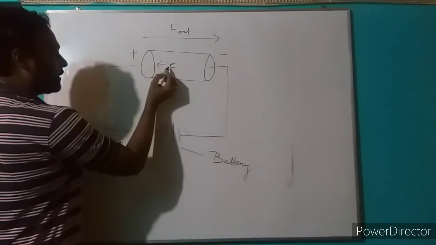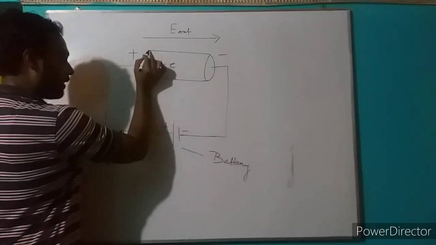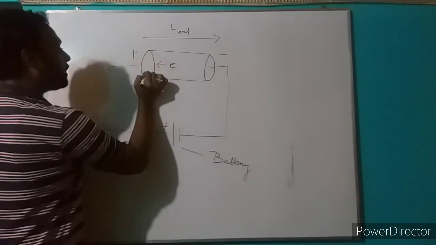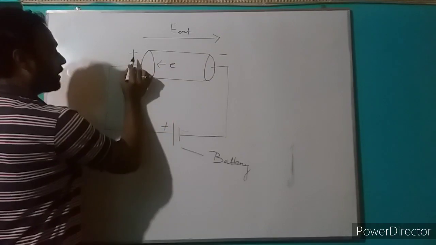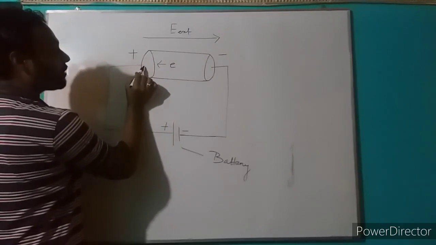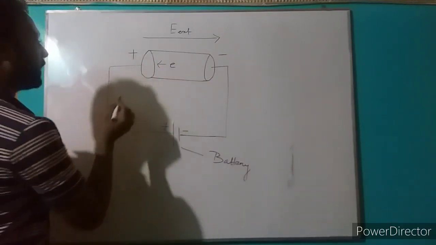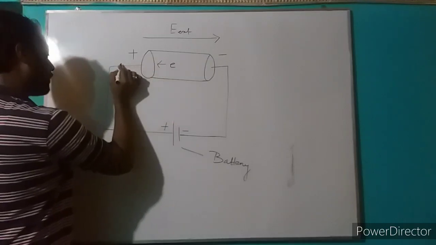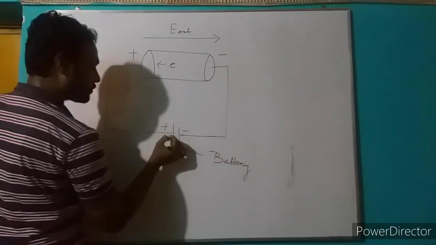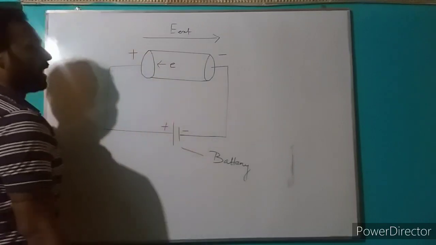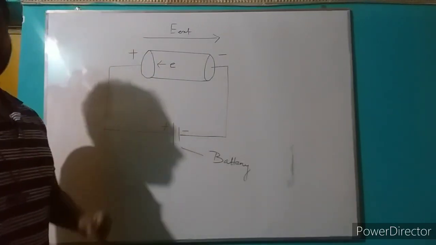Here, while the electrons accumulate in that region, there is a positive terminal connected to the battery. That's why the electron is always attracted toward the positive terminal of the battery and moves toward the higher potential or positive plate.